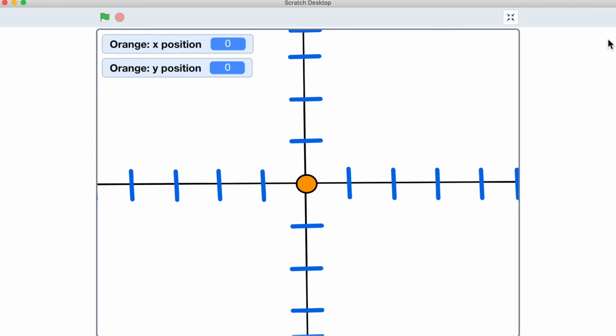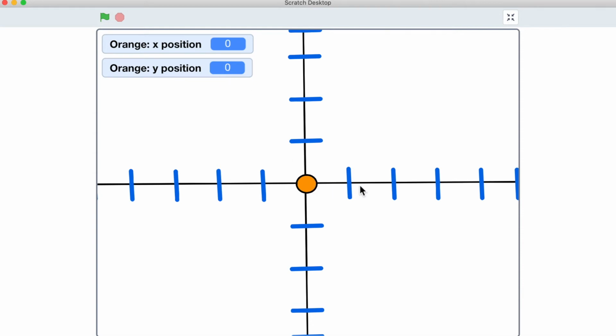This is referred to as the x-axis, and a line which is vertical is referred to as the y-axis. The center of the screen is 0, 0. You can see here, this orange is placed on x position 0 and y position 0.